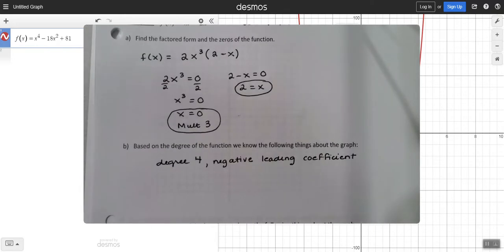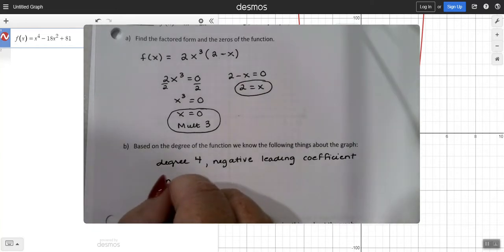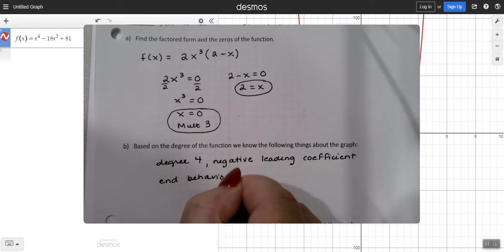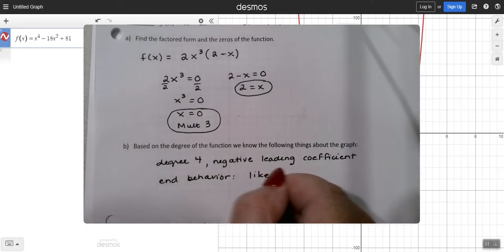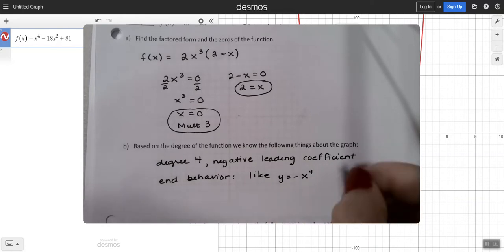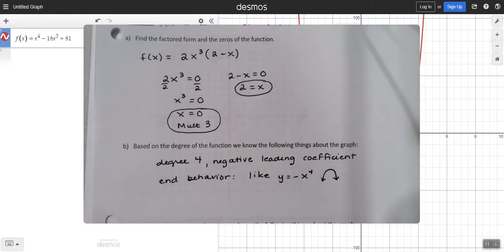So my end behavior is like x to the fourth, but with the negative leading coefficient, it's going to be reflected. So actually what I'm going to say is it's like y equals minus x to the fourth. Even power, so the parabola like, but upside down. Down to the left and down to the right.